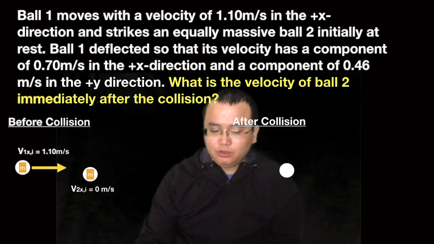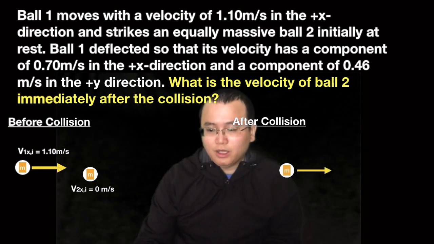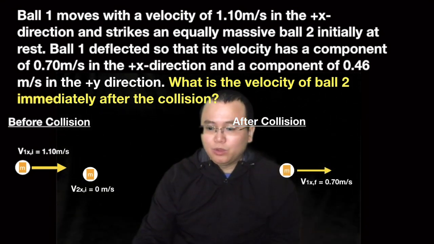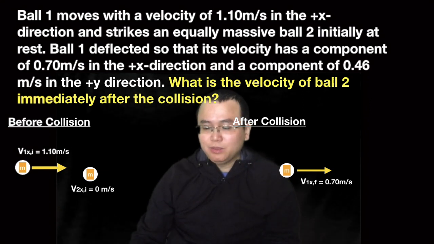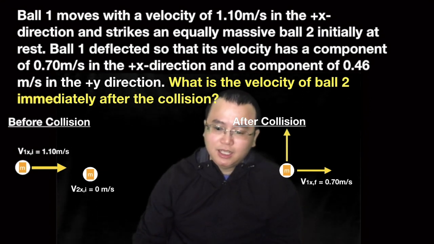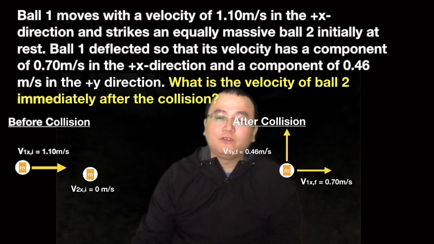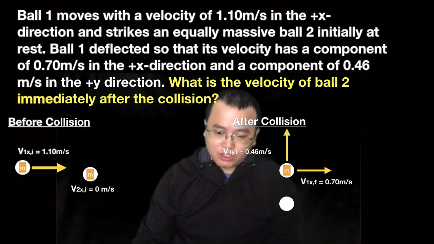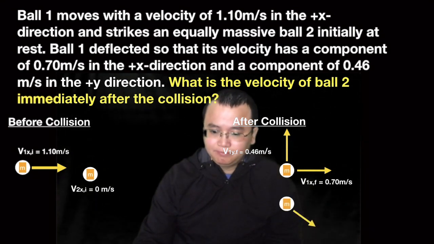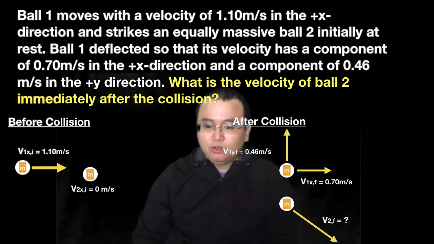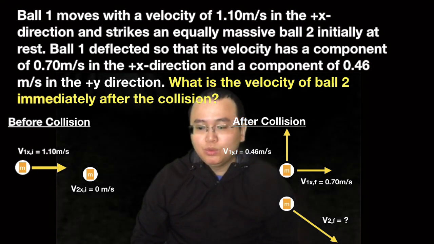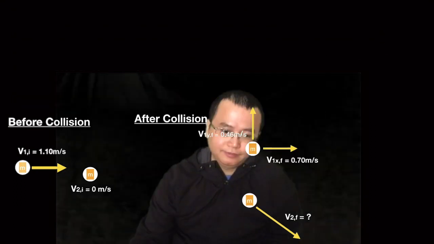After the collision, ball 1 has an x component of 0.7 meters per second and 0.46 meters per second in the y direction. We need to figure out ball 2's velocity.